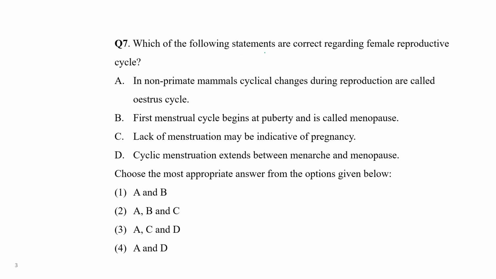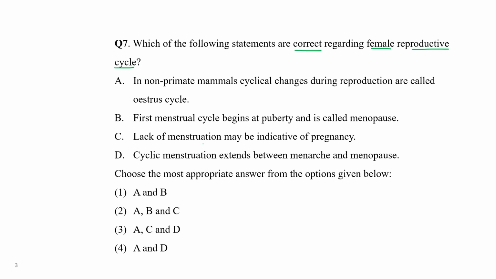Next question, question number 7. Which of the following statements are correct regarding the female reproductive cycle? First, in non-primate mammals, cyclic changes during reproduction are called oestrus cycle. Second, first menstruation cycle begins at puberty and is called menopause.